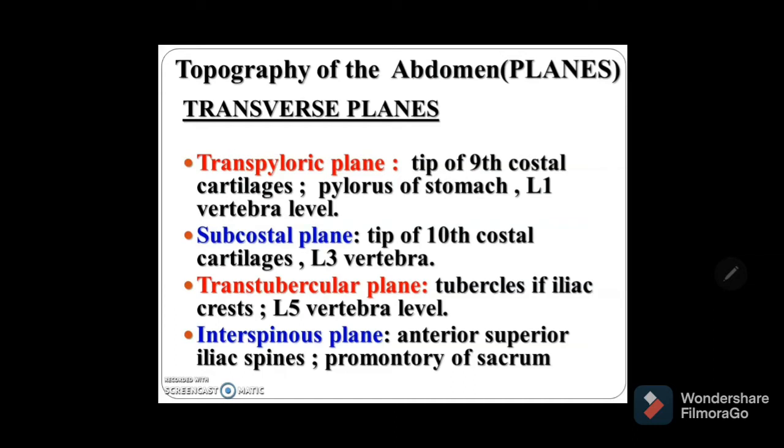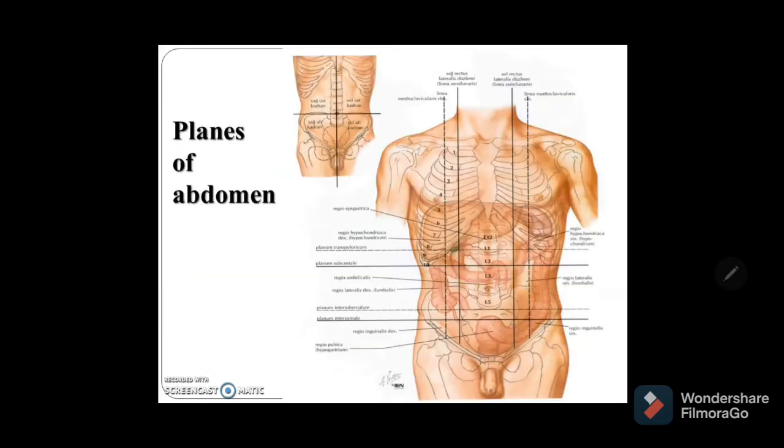So these planes help us to locate the different organs and structures, correlating with the symptoms and signs of the patient. You can see this is the pyloric plane, this is the subcostal plane, and one more is here, transtubercular and transspinal or interspinal plane.